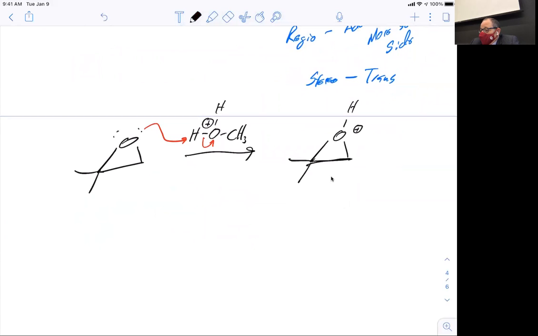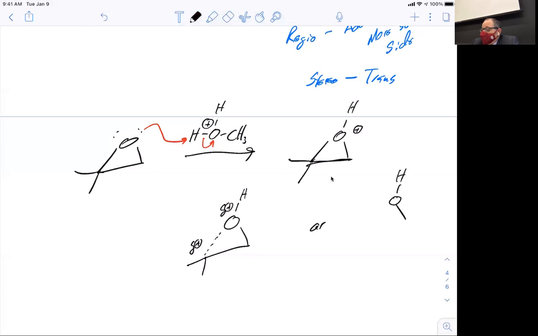And then at this point, what we think about is that we have two possibilities. Remember our bromination for the halohydrin? This is a similar idea. If we start stretching that, a three-membered ring is not going to be that stable.